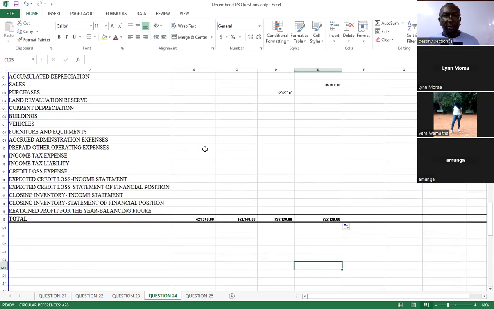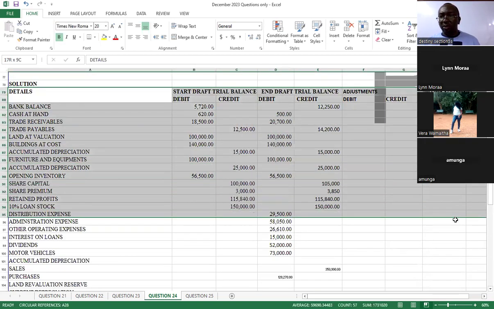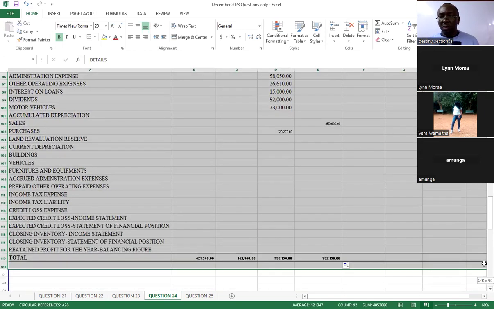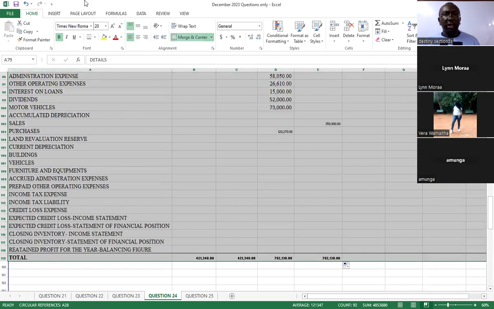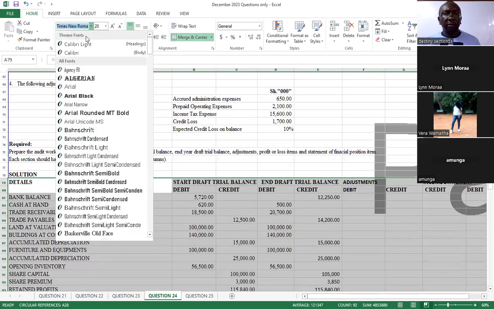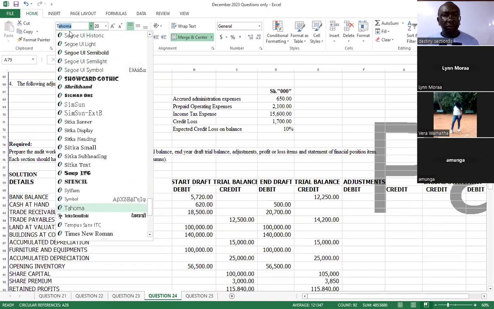So I think I need to pick these values all the way up to there. I make them 20. I make them times.